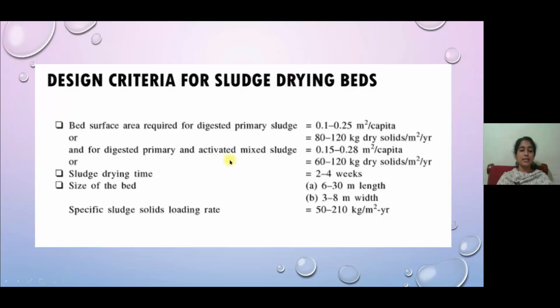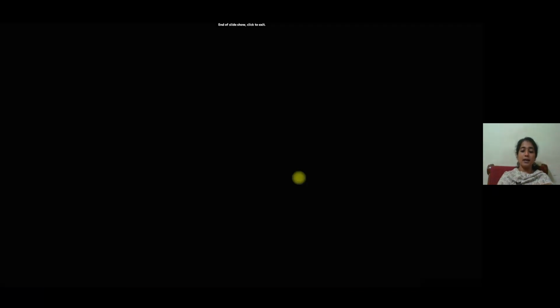Here you can see the sludge drying time, that is 2 to 4 weeks, and the size of the bed is 6 to 30 meter length and 3 to 8 meter width. The specific sludge solid loading rate is 50 to 210 kilogram per square meter per year. This is the design criteria for sludge drying beds.